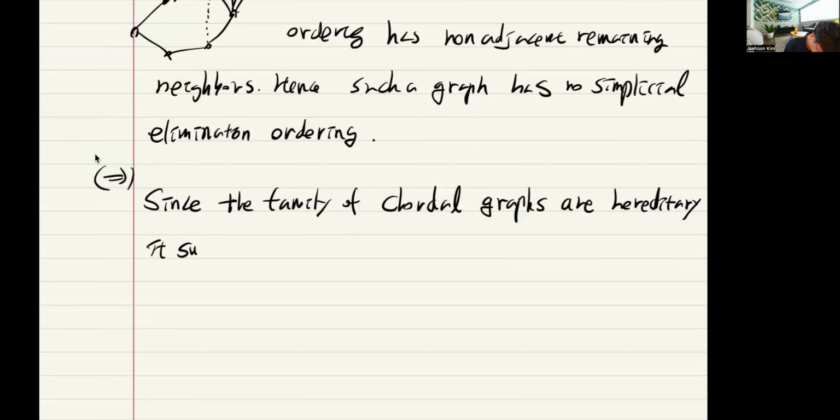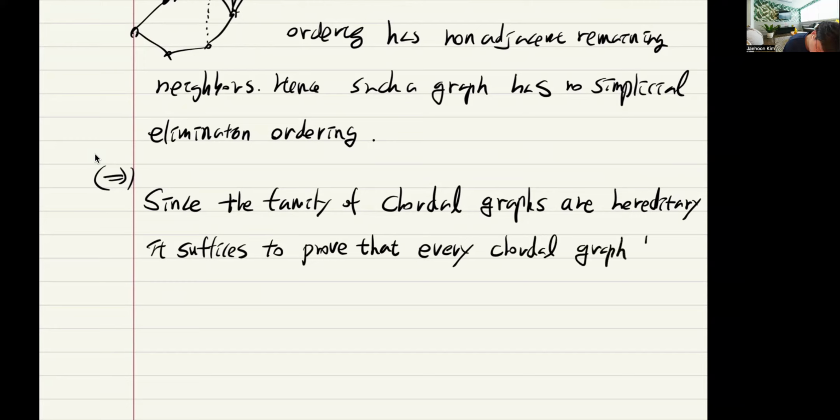What does it mean? It implies that it suffices to prove that every chordal graph has a simplicial vertex.